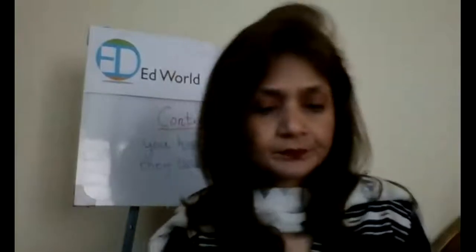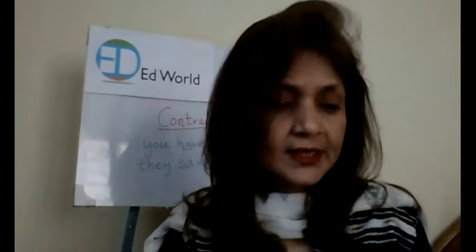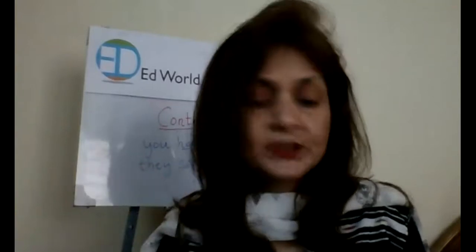Now, if you open your book, page number 33, they have clearly explained: contractions are words that have been made smaller; a letter or more than one letter is left out. An apostrophe is used in place of the missing letter or letters, like "I've got a basket."